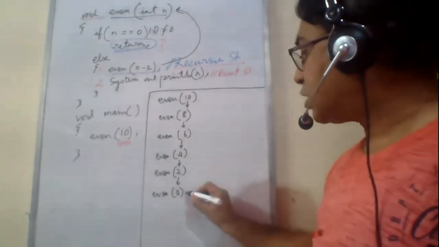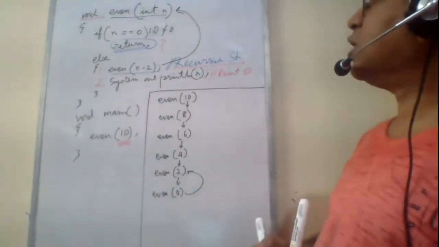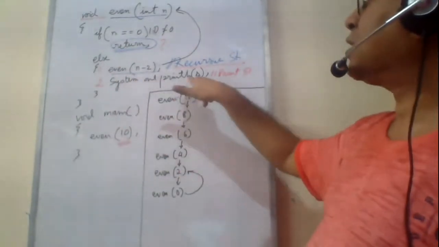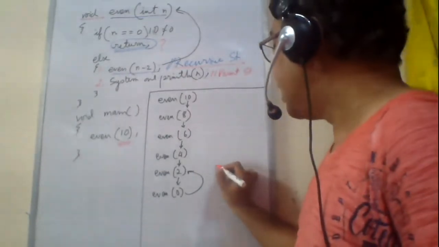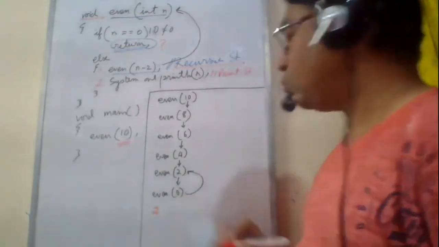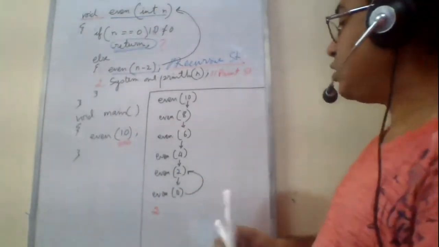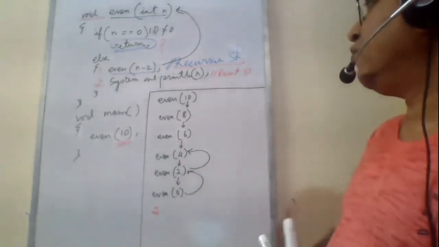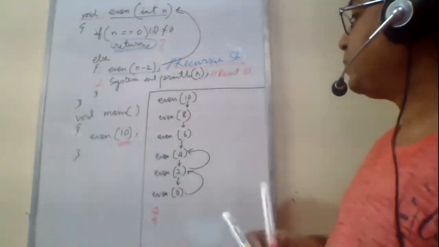So immediately the function will go back to even 2. Now even 2, that is even with the parameter 2, has one pending statement, print n. So what it will do? It will print the value 2. Next, it will return the control back to even 4. So even 4 is left with its own value, that is printing 4.